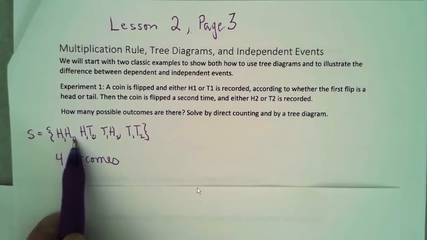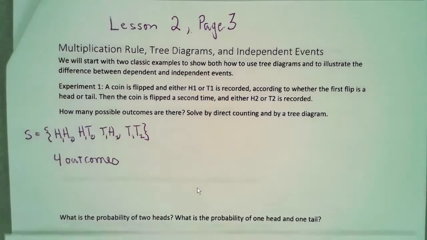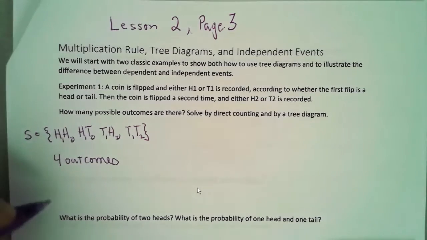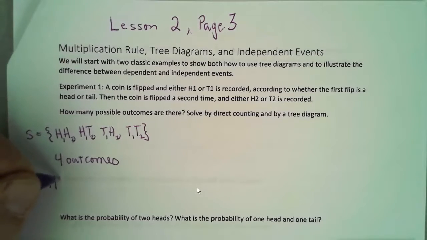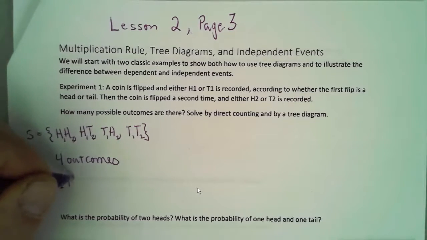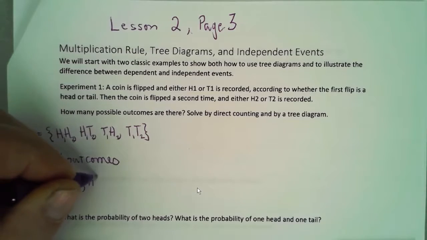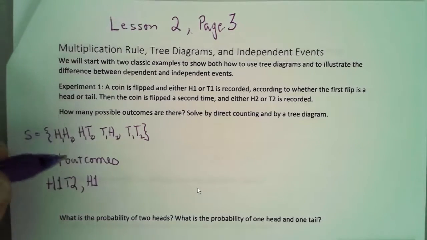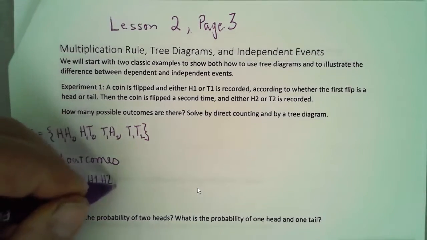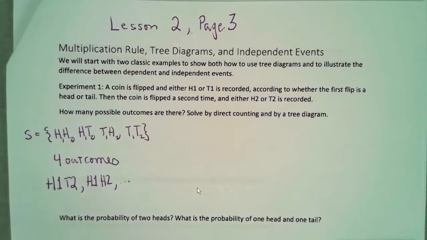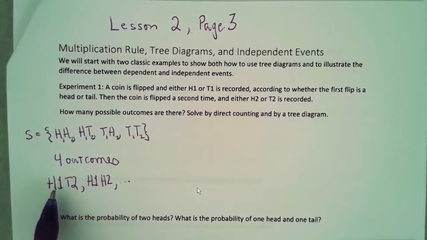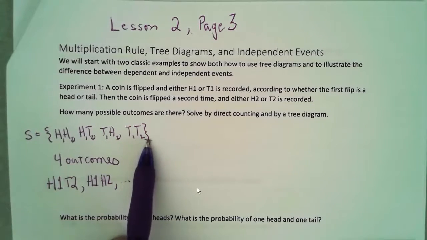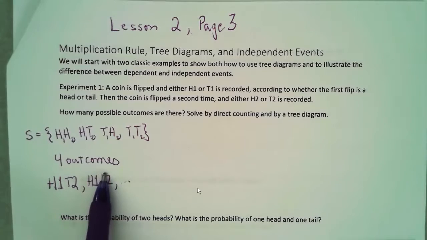You could use subscripts, or you could write this out as we recommended above: H1, T2, H1, H2, and so on. List all those out, but the point is, especially when we're drawing our diagrams, we want to be able to distinguish between whether that head occurred on the first or the second flip. Well, right there we've listed all the possibilities. It's very clear there are exactly 4 of these.